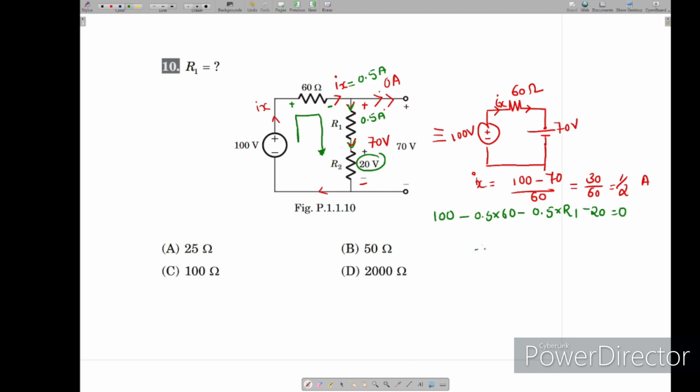Now if we solve, 0.5 R1 equal to 50, so R1 is 100 ohms.